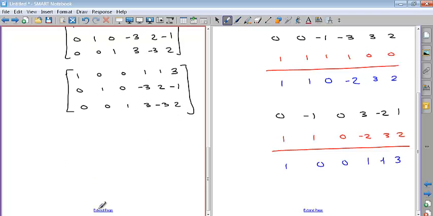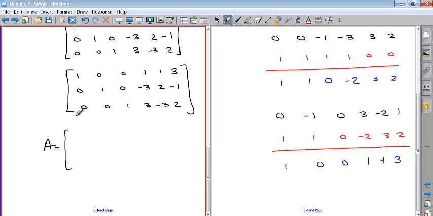And so if my original matrix A, which was, which number am I working on? Oh, this is 21. Okay.